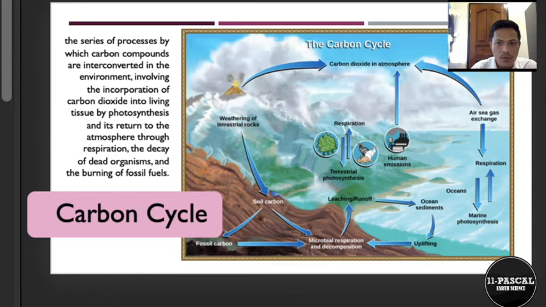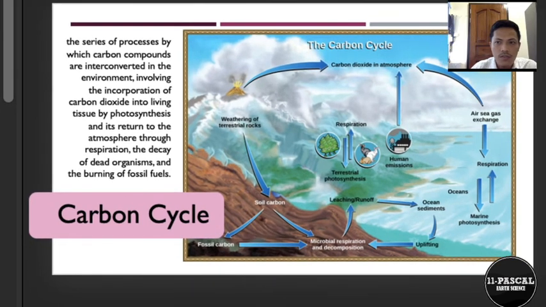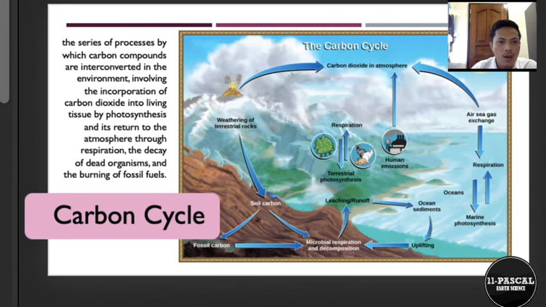You can see here the exchange of carbon. Carbon is transformed from one form to another.